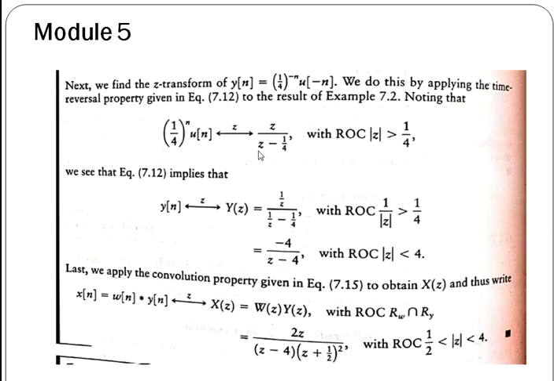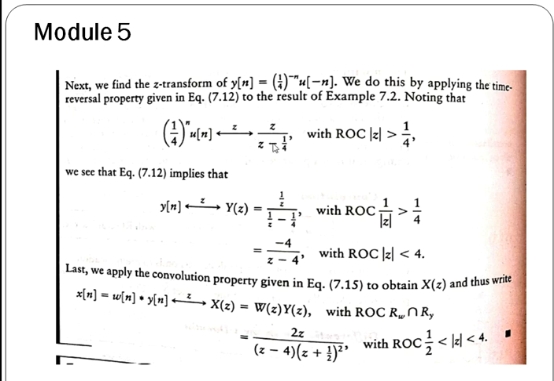By using that condition, to know the z transform of 1 by 4 raised to minus n into u of minus n, we need to replace z by 1 by z in our solution.